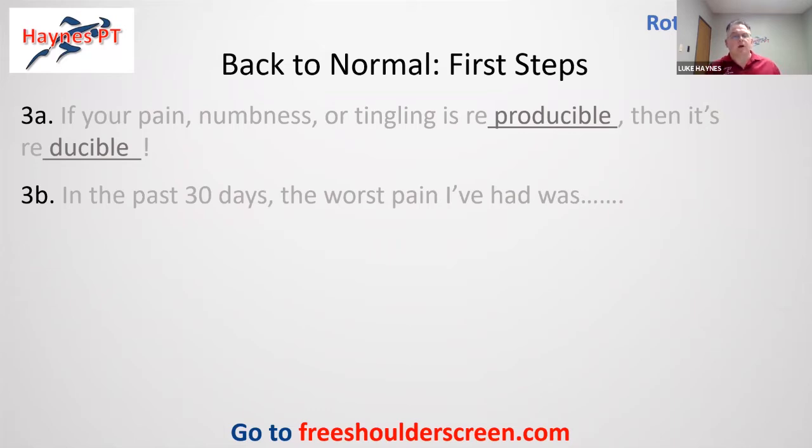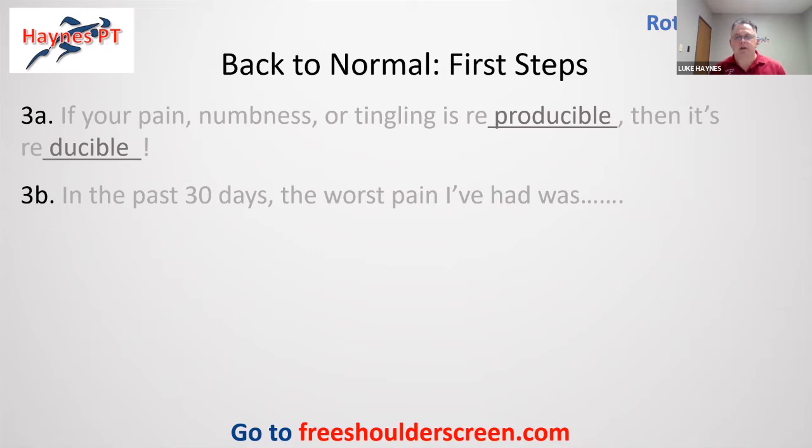So, we talked about this earlier. In the past 30 days, the worst pain that I've had was, and I want you to think about your own shoulder pain that you've dealt with. Myself, I've had a pretty good month with my shoulders. I haven't really had any issue. I've had a little popping and some weird sounds, but it wasn't painful. So I'm going to say in the past 30 days, my worst pain, if I graded on a 0 to 10 scale, where 10 is my worst imaginable and 0 is no pain, is maybe a 1, maybe a 2 at most.